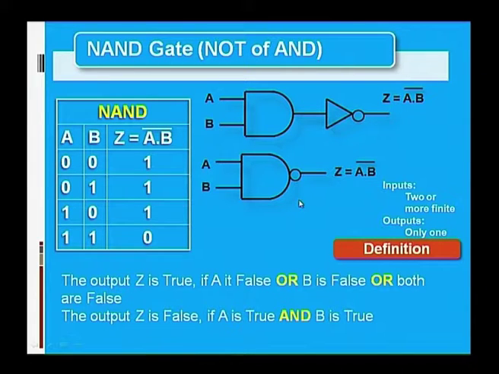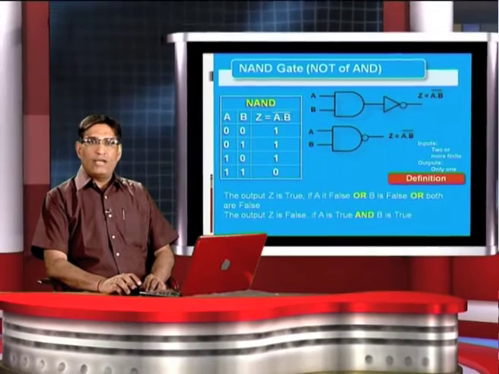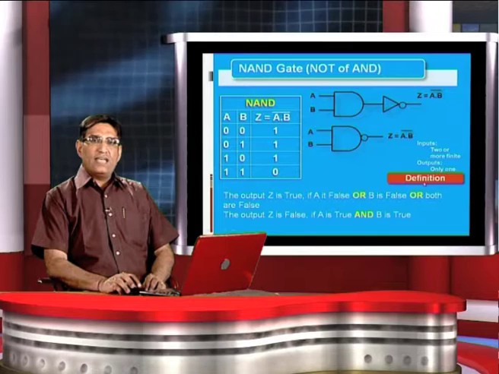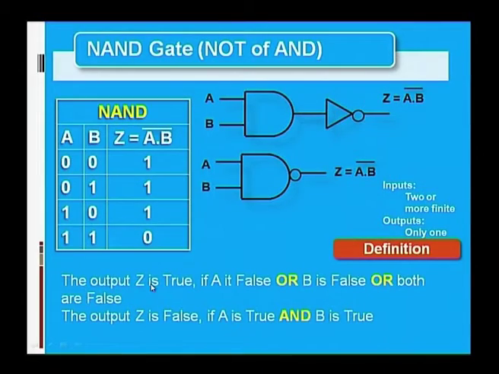Again we have to note one important thing, that a NAND gate has a minimum of 2 inputs and the maximum number of inputs can be some finite value, and it has only one output. Now the two definitions of NAND gate are: the output Z is true if A is false or B is false or both are false. The second definition says the output Z is false if A is true and B is true.